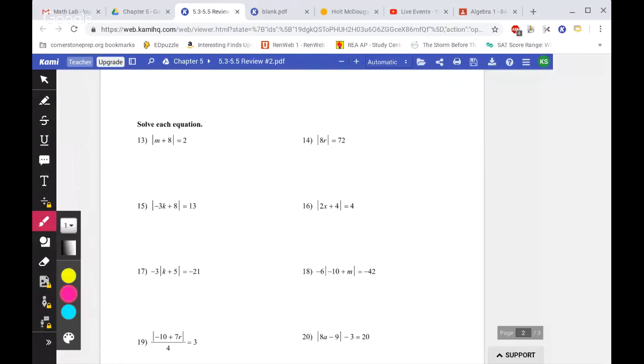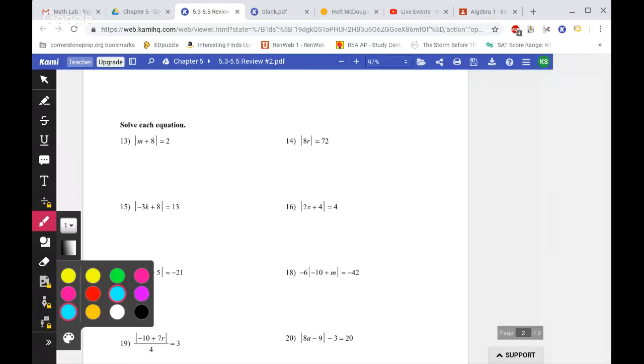So whatever the value is inside the absolute value bars that I'm going to highlight here, it can be positive or negative, because when you take the absolute value of something, the answer is always positive.